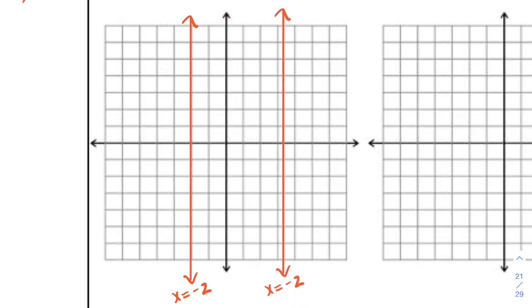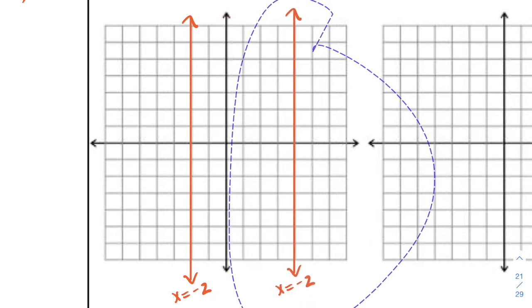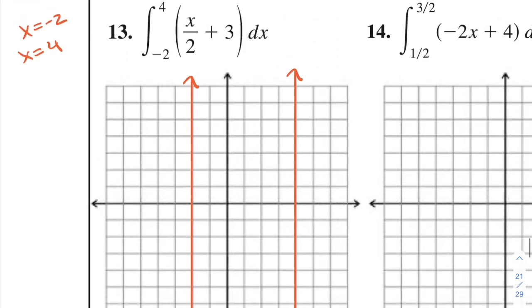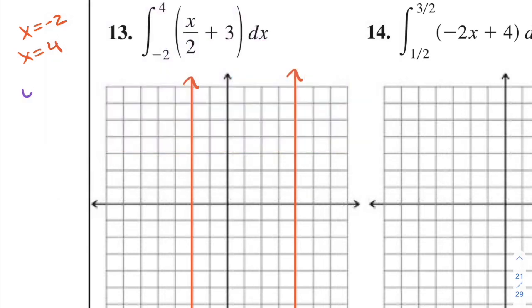X equals 1, 2, 3, 4. And now we're going to have y equals 0 and y equals x over 2 plus 3.